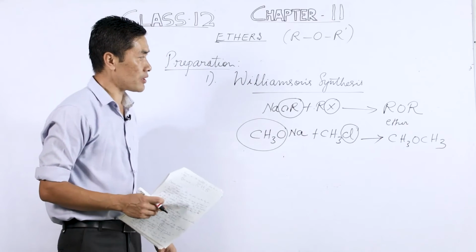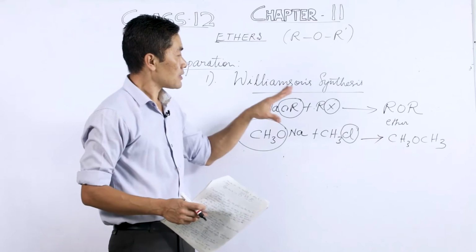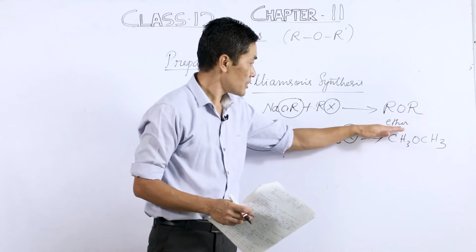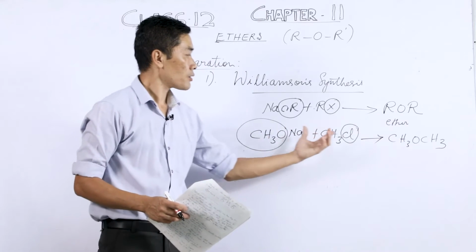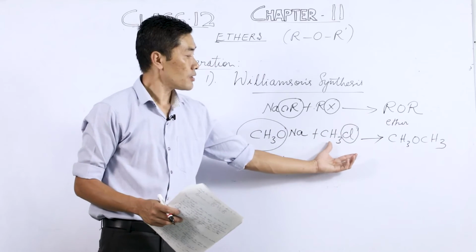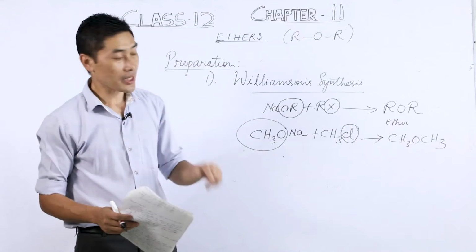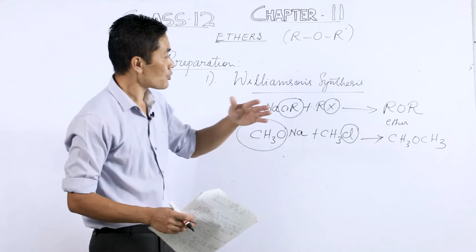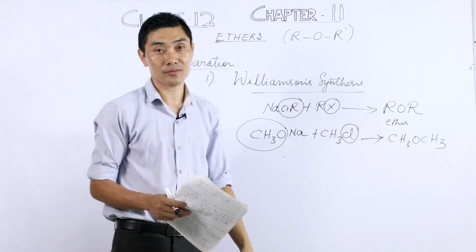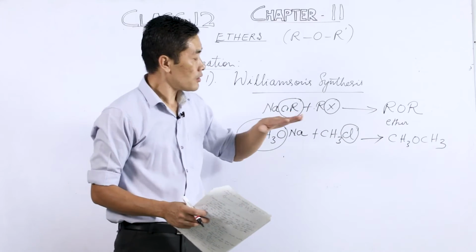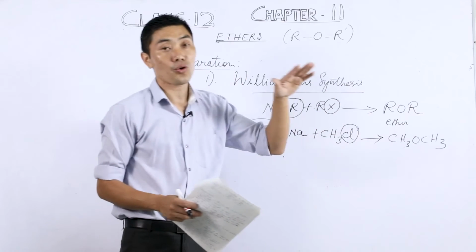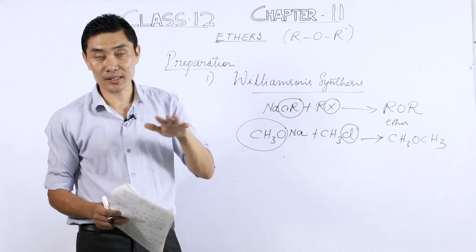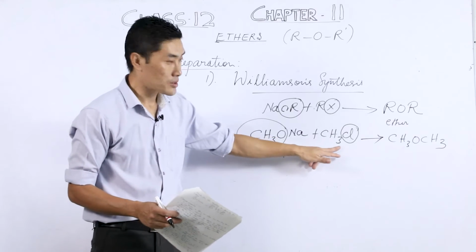Now, one thing to remember is that it is more favorable to obtain ether when we use primary alkyl halides. If we use secondary or tertiary alkyl halides, then usually elimination competes with this substitution reaction. So either an ether or an alkene or a mixture of ether and alkenes may be formed if we use secondary and tertiary alkyl halides.